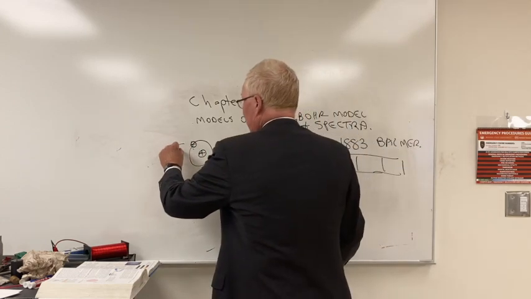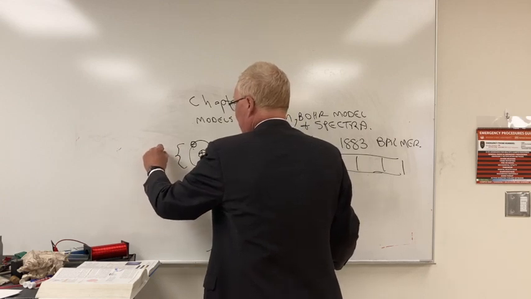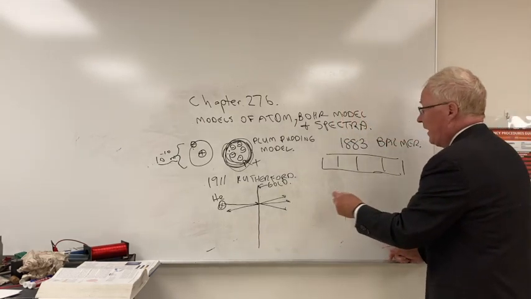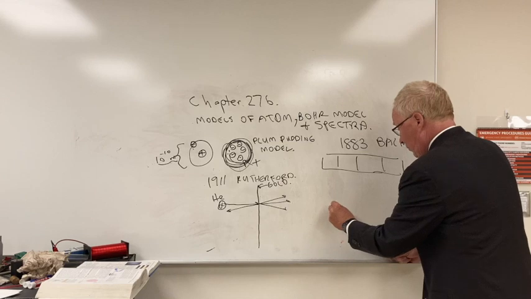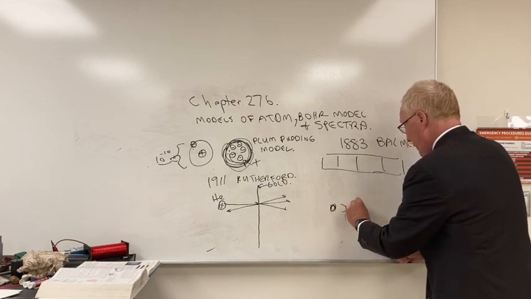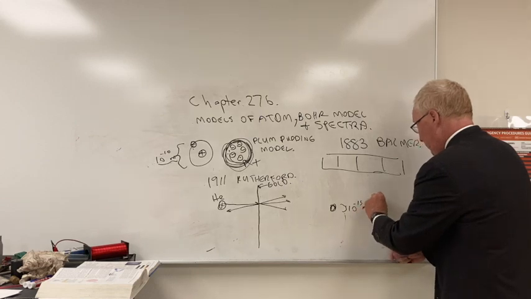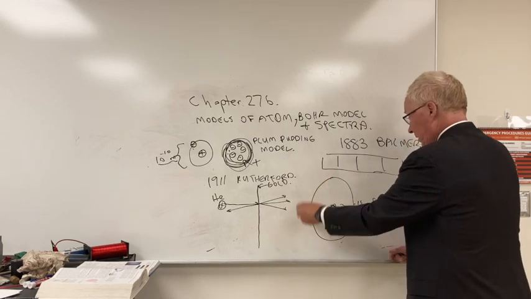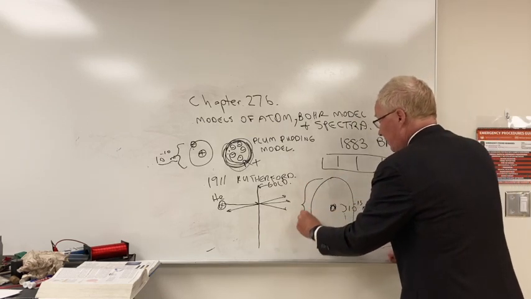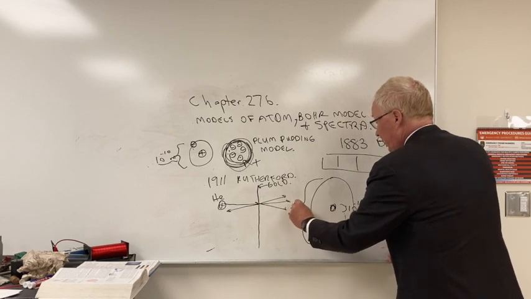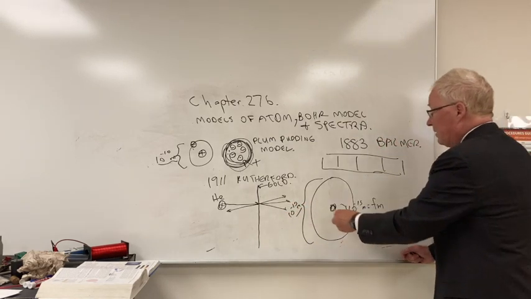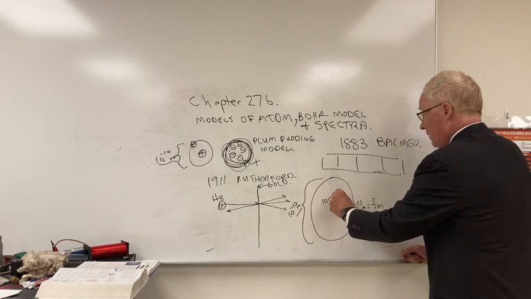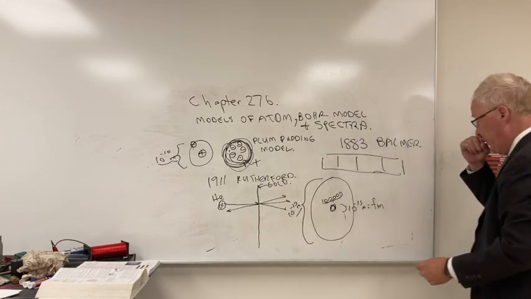So this made no sense until they reanalyzed their model and realized that instead of the atom being this whole thing, which is about 10 to the minus 10 meters in size, the atom is mostly composed of an extremely small nucleus, about 10 to the minus 15 meters, which is 1 femtometer, surrounded by this electron shell, which is still 10 to the minus 10 meters. Both are small, but this is 100,000 times greater than the diameter of the nucleus.